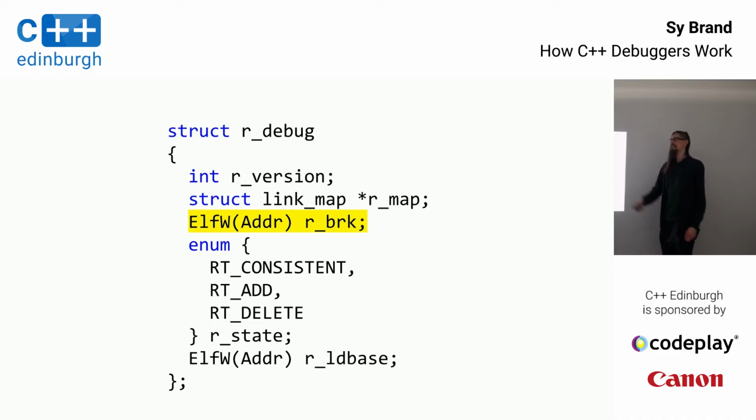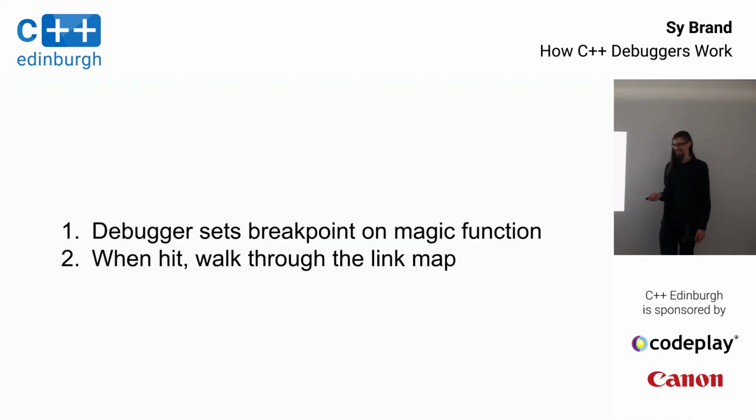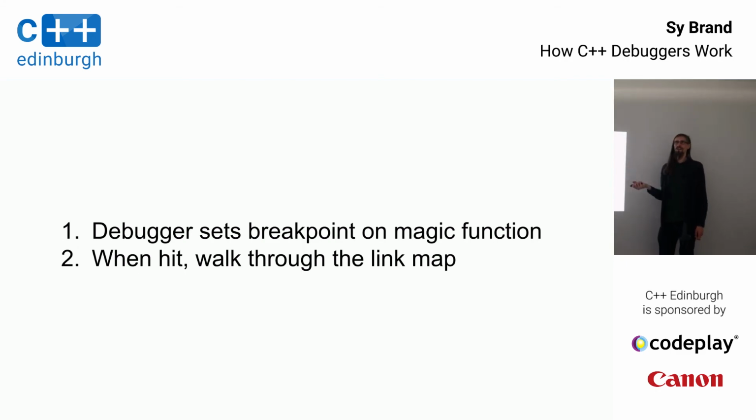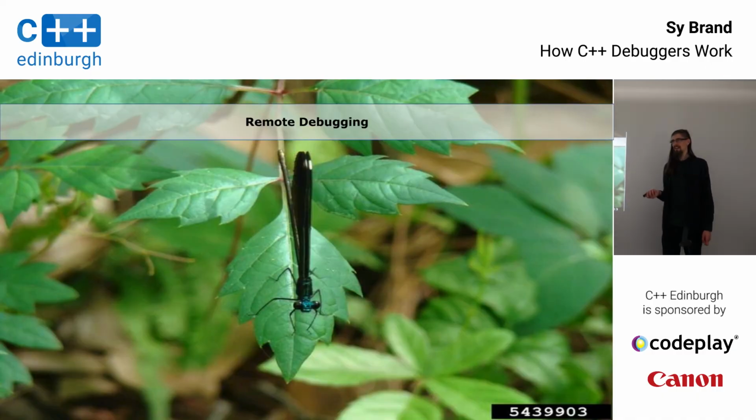It took me ages to find this, until I found some header somewhere in GCC which just explains all of this, and it's great. So that's how shared library tracing works. It's pretty cool. I actually have a very simple implementation of this, which you can read to see what this is doing. I don't think I have a link, but I can show you later if you like.